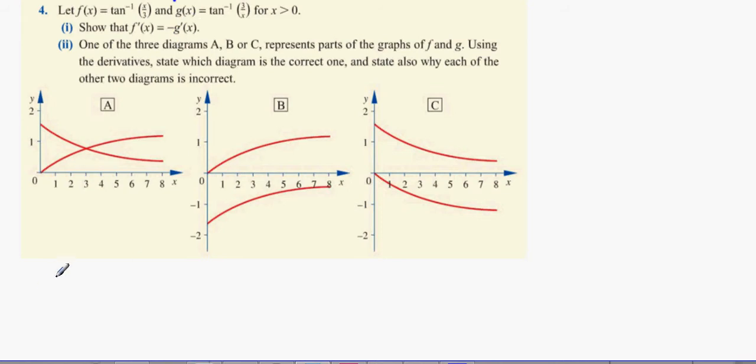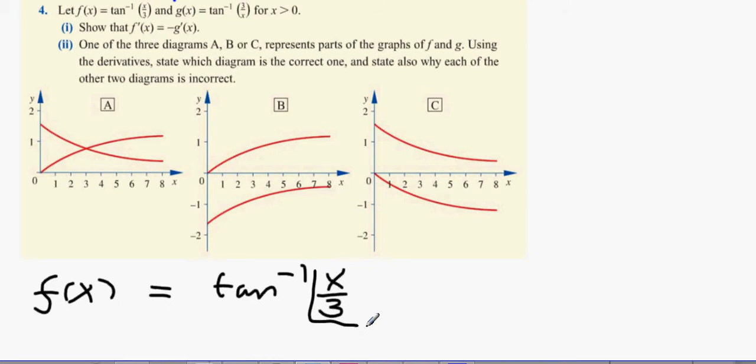So we're going to start off with f of x equals tan inverse x over 3. Now I'm going to put x over 3 in a box. What we're going to remember is the generic derivative: tan inverse x over a always ends up to be a over a squared plus x squared.